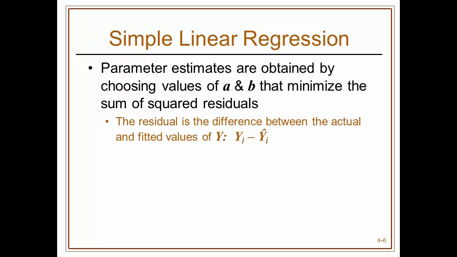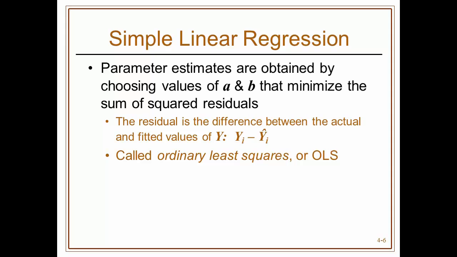So if the residual is large, then that means the estimated value of y is quite a bit away from what the actual value of y was. We square these things because sometimes the estimated value of y might be above what the actual value was, and so the residual might be some negative or positive amount.